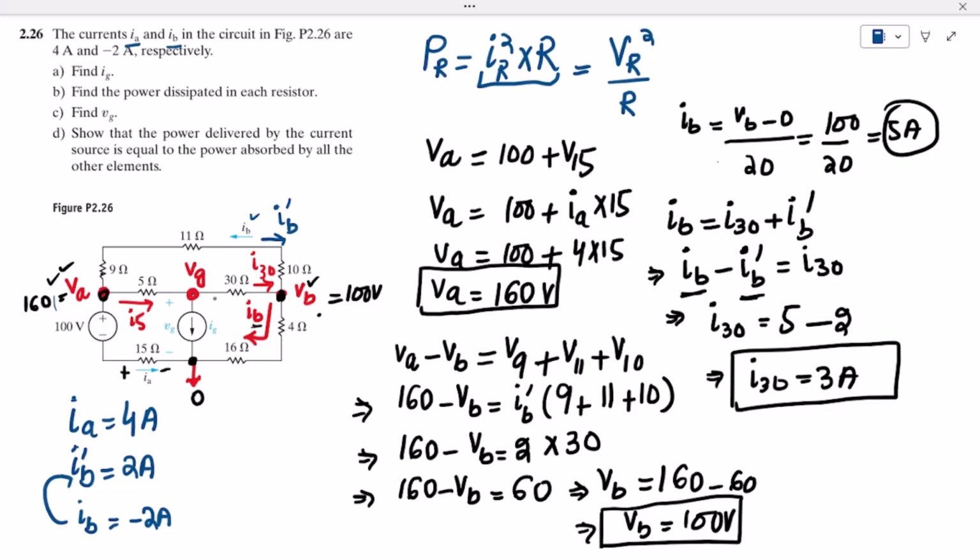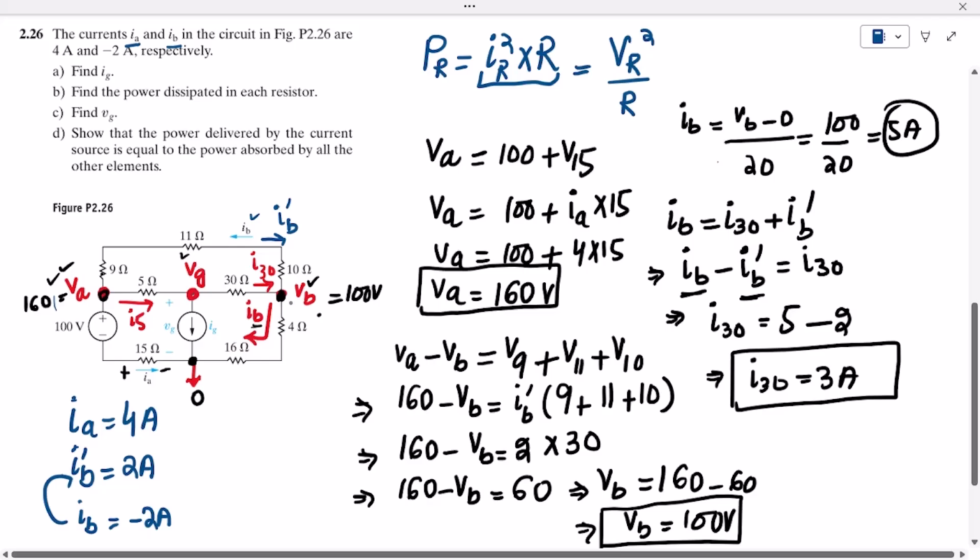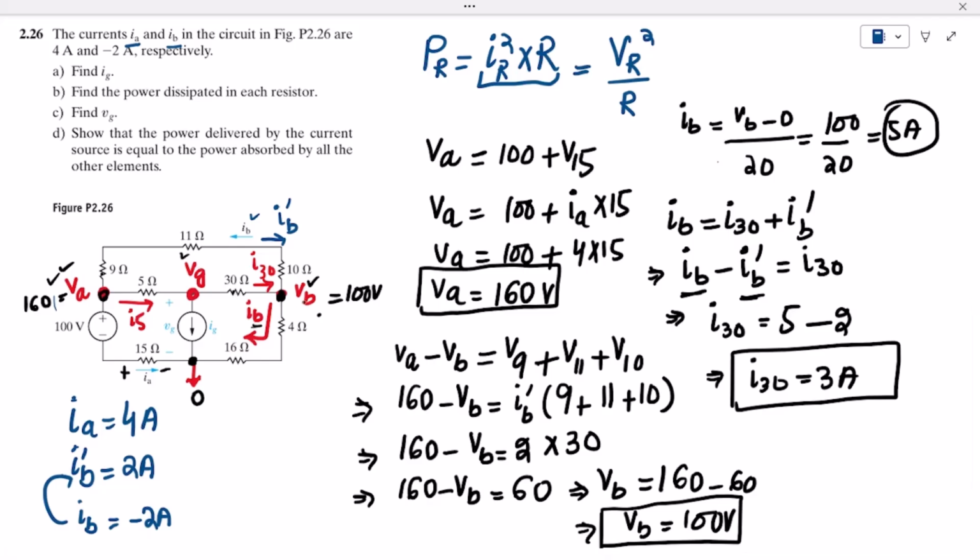But now here, in order to find out this VG, we have this potential drop, we have this voltage. So again, applying the same formulation we applied here, we can write VG minus VB divided by 30 is equal to I30.